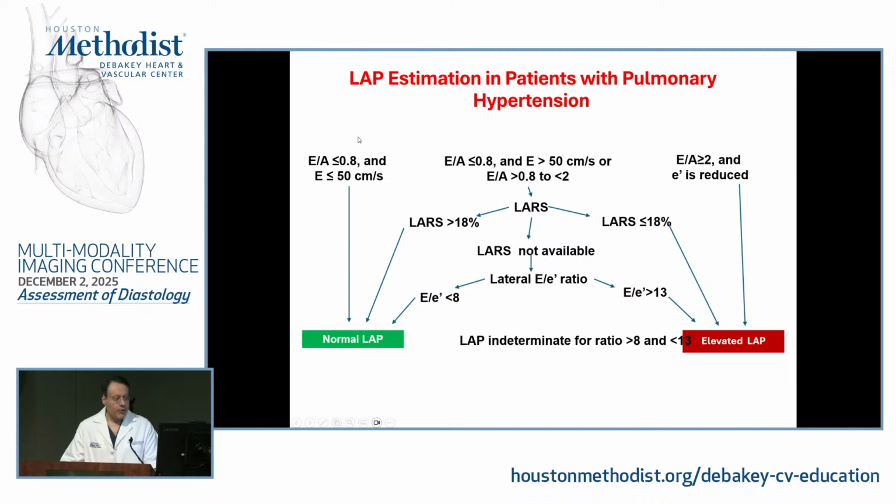EF. An approach recommended in the 2025 guidelines is for patients with pulmonary hypertension. If you see someone with pulmonary hypertension, start by looking at the mitral inflow. If it's an impaired relaxation pattern with a low E velocity, 50 at most, then LAP is normal. If it is restrictive filling and E prime velocity is reduced, this is elevated LAP, and this is group 2 pulmonary hypertension.